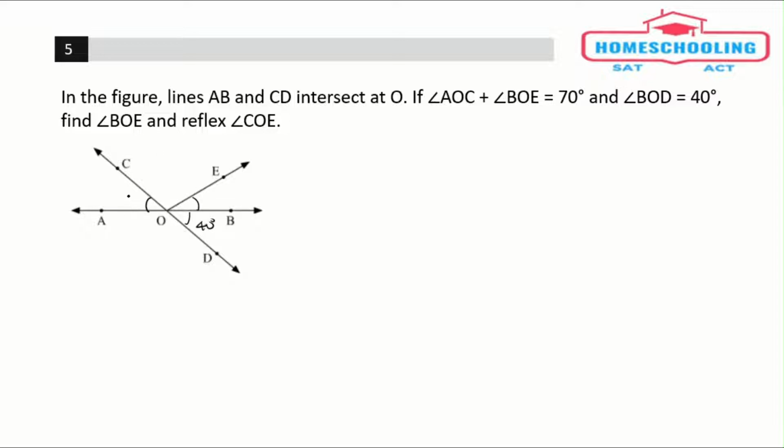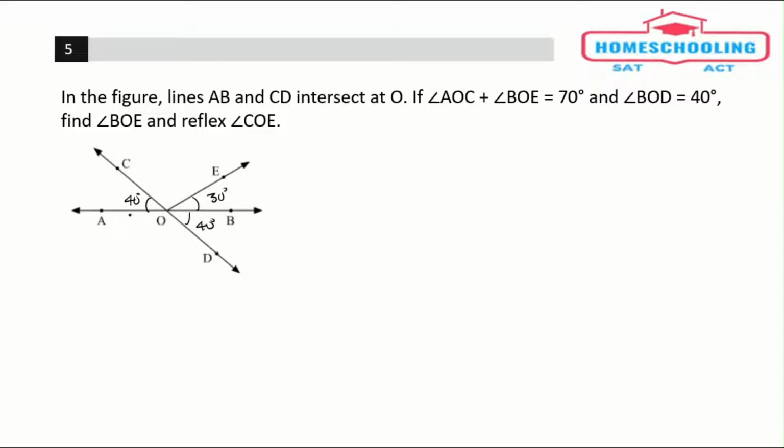Vertically opposite angles are the same, so this is also going to be 40. From the question, the sum of angle AOC and angle BOE is 70 degrees. So if this one is 40, then this one would be 70 minus 40, that would be 30 degrees.